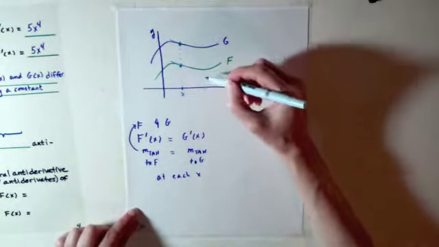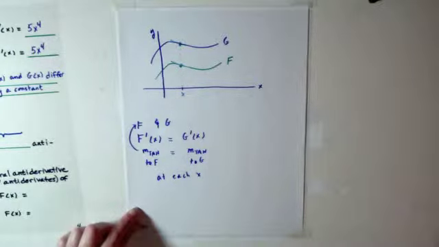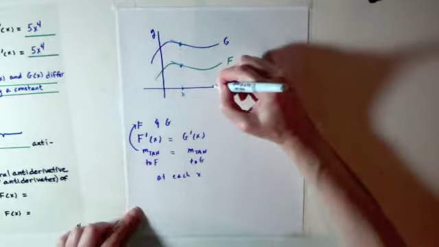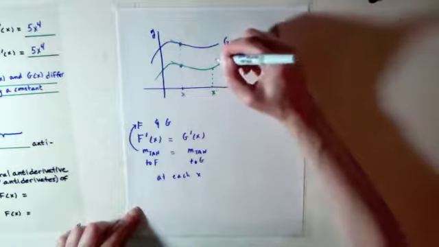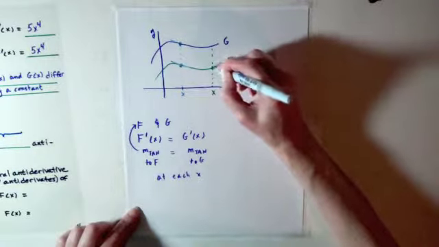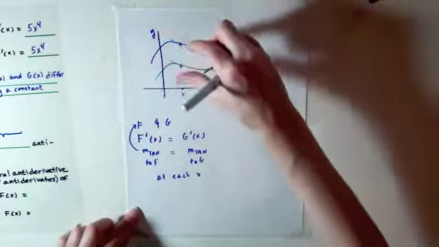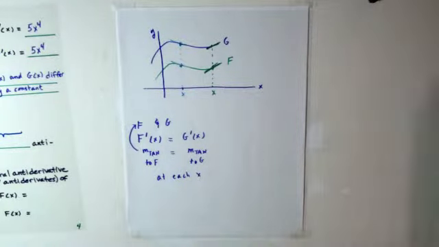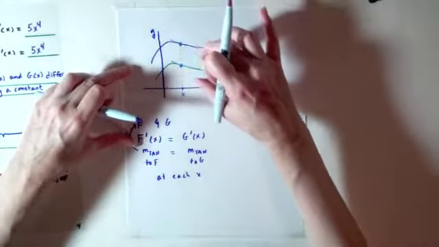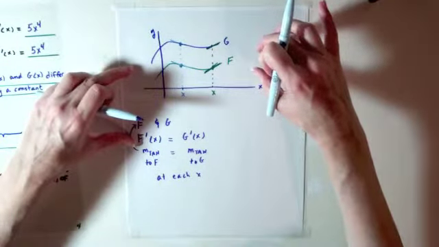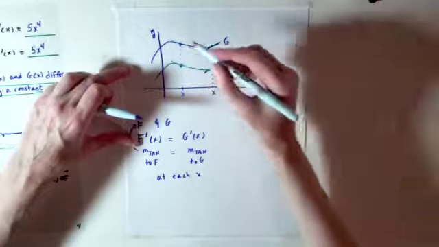They have to curve in exactly the same way. At each value of x that you choose, if I were to choose a different value of x, such as this one, at each value of x you choose, the slopes of the tangent lines to these two graphs have to be exactly the same. And so they bend in exactly the same way. And what do you notice about two graphs like this that are kind of parallel and bend in exactly the same way for all x values in some interval?